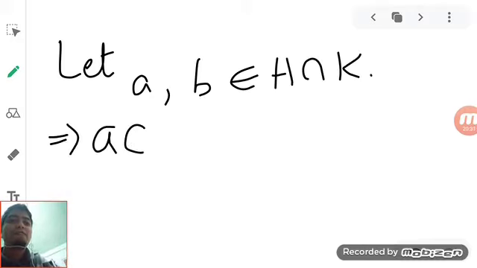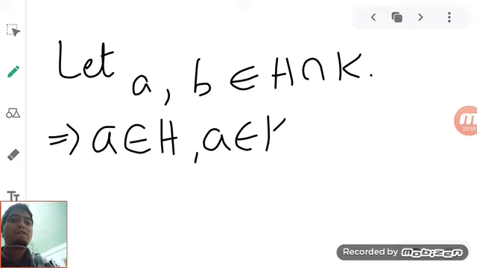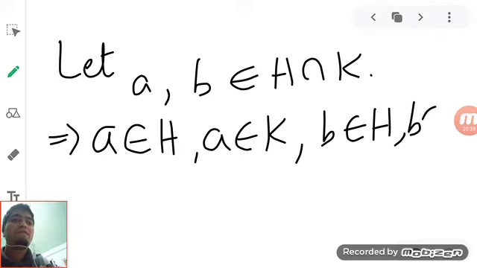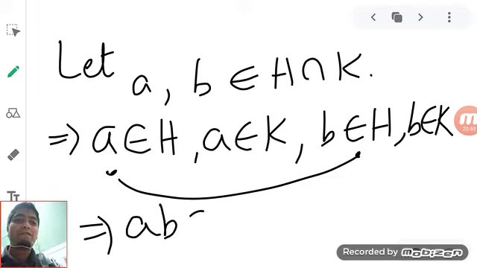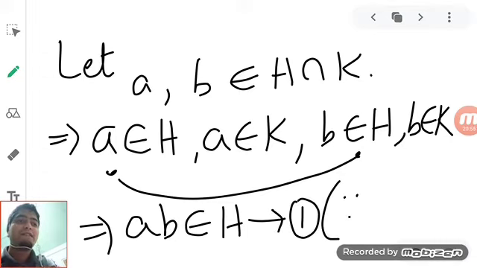We can say that A belongs to H, A belongs to K, also B belongs to H, B belongs to K. If A belongs to H and B belongs to H, because H is a subgroup, we can write down AB belongs to H. Call this equation 1, since H is a subgroup of G.